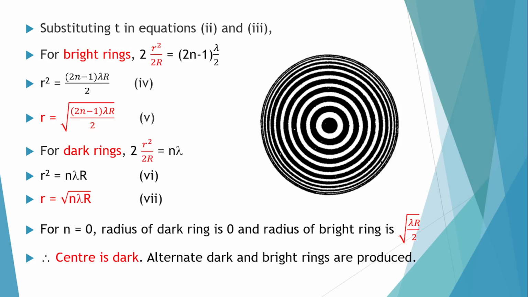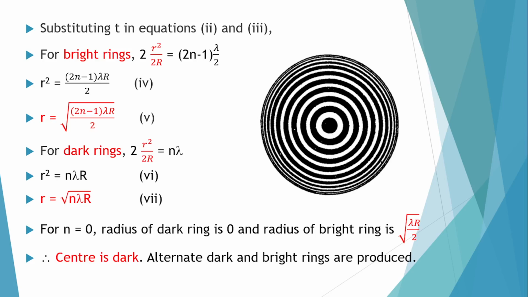Now concentrate upon equation 6, that is the radius of the dark ring. If we put n equal to 0, the radius of the dark ring is found to be 0. And what about the radius of the bright ring? It is equal to square root of lambda R upon 2 according to equation 5. So the radius of the dark ring for n equal to 0 is 0, so we measure for n equal to 1, 2, 3 as dark ring 1, dark ring 2, dark ring 3.